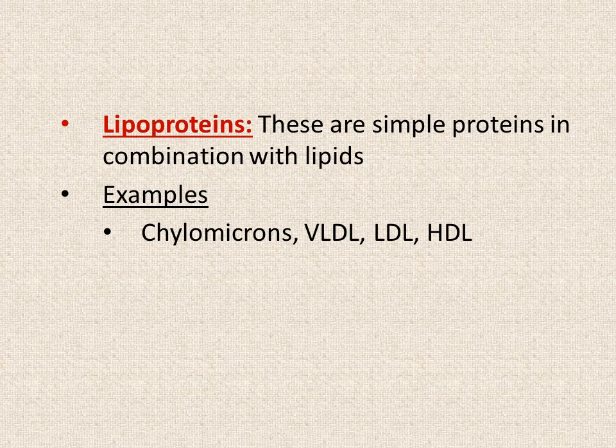So lipoproteins are conjugated proteins which comprise simple proteins plus lipids, and examples include chylomicrons, VLDL, which is very low density lipoprotein, LDL, which is low density lipoprotein, and HDL, which is high density lipoprotein. And you might have heard of LDL and HDL before in terms of cholesterol, and you should remember that LDL and HDL are basically lipoproteins with a protein component as well as a lipid component.